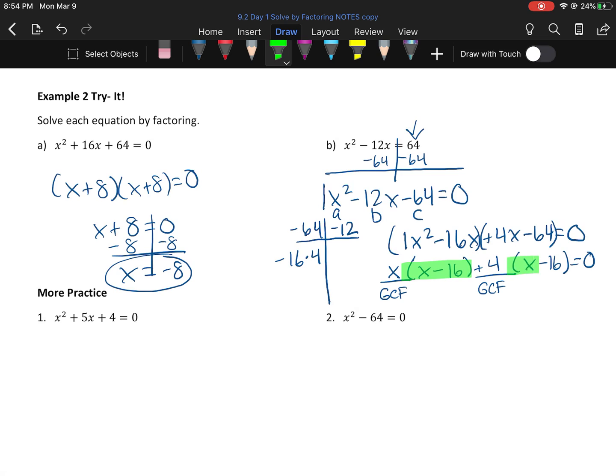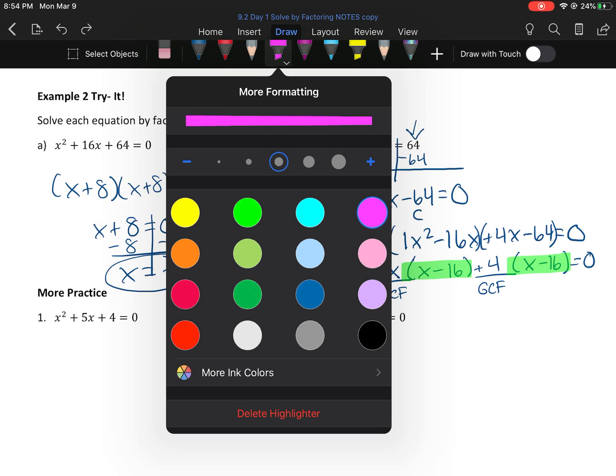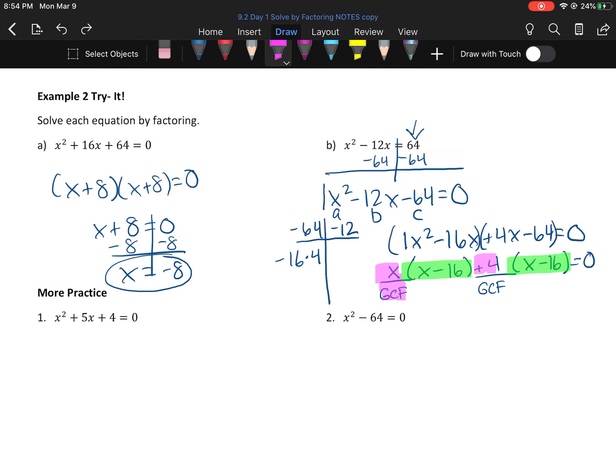I have matching parentheses again, which is what I want. So I'm going to go ahead and take my GCFs and write that first. So again, that's where that's coming from.